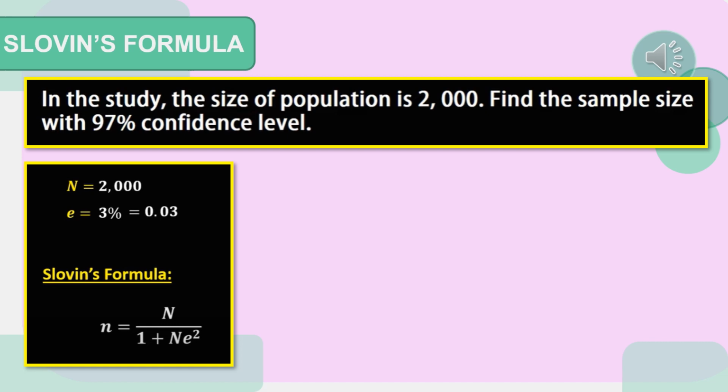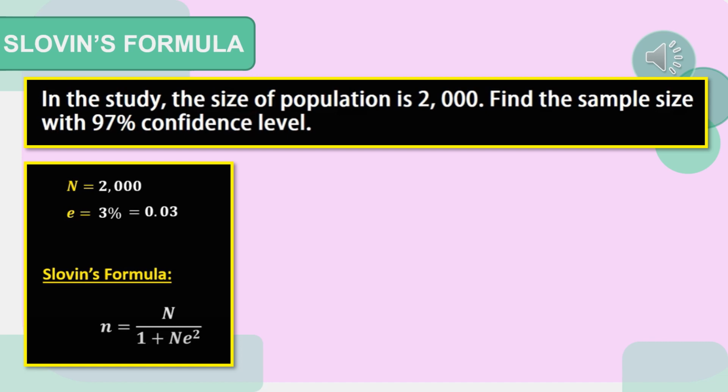Again, you have to list the given values and then write the computing formula. Again, we have n equals N divided by 1 plus N e squared. Now substitute all the values. So magiging 2,000 over 1 plus 2,000 times 0.03 squared.